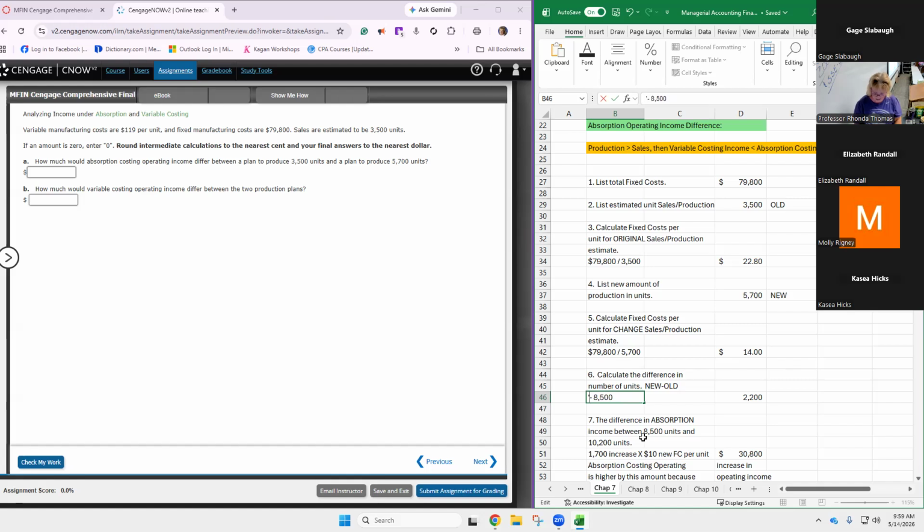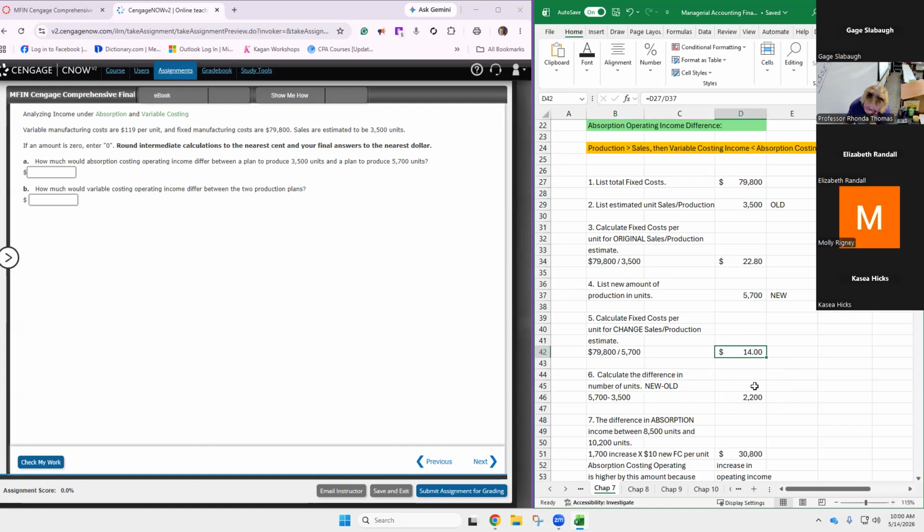So once again, calculate the new number, calculate the difference in the number of units produced. So we're looking at 5,700 minus 3,500. So now we have the two pieces that we need.